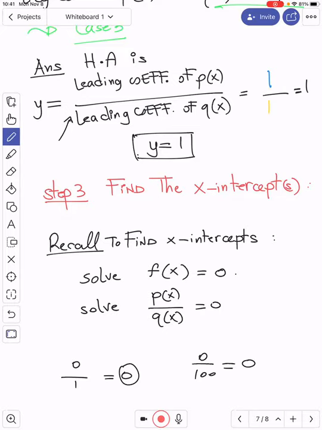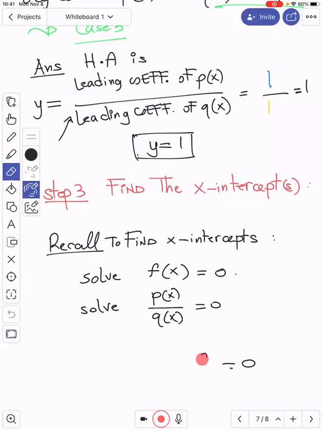You need the top to be 0. You don't really care about the bottom. Of course, you are not allowed to divide by 0, but you don't really care about the denominator when you solve p over q equal to 0. So what I'm saying is, to solve p of x over q of x equal to 0, all you have to do is solve p of x equal to 0, because that's the only way to get 0.